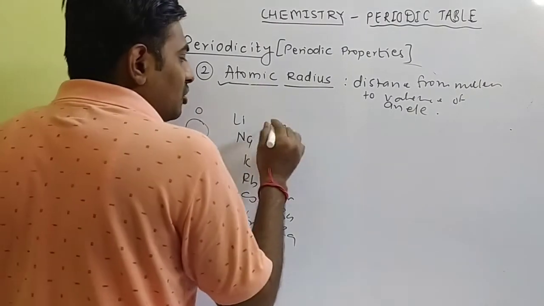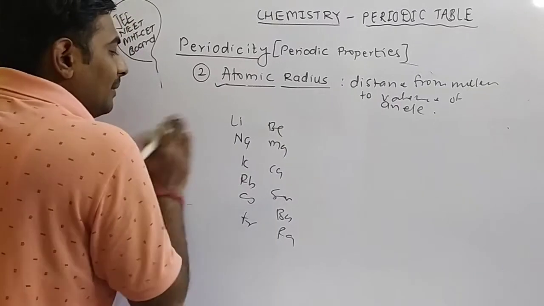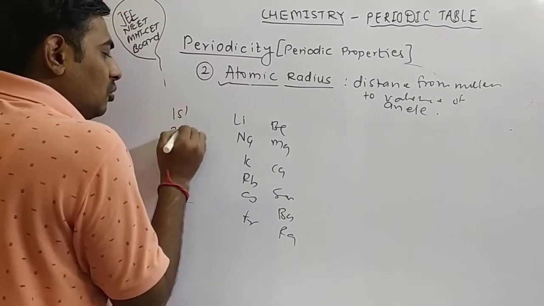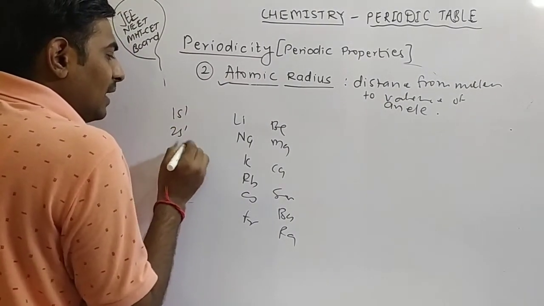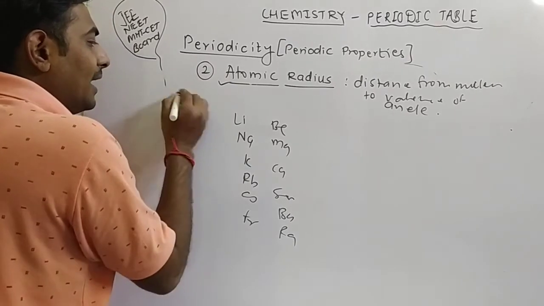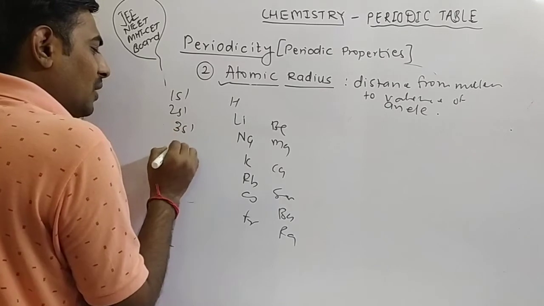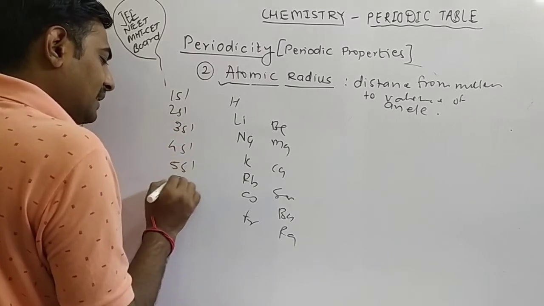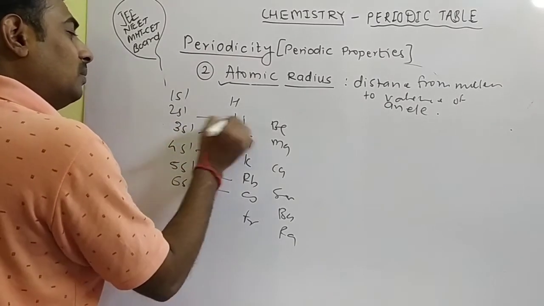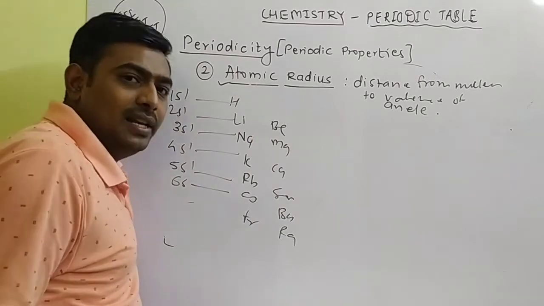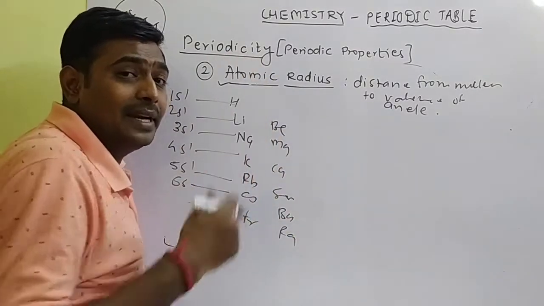Lithium has electronic configuration 2,1, and each next element has one more shell. What it means is that a new shell is added to every next element in a group.